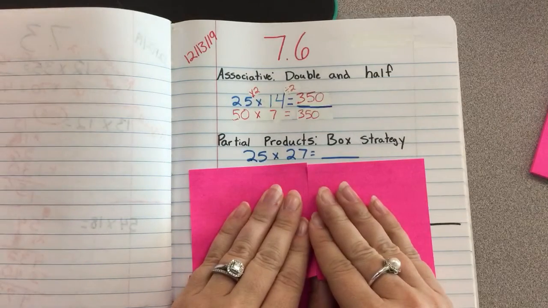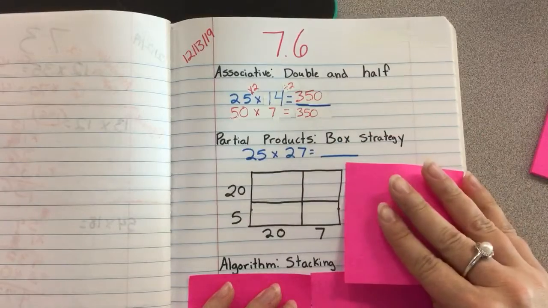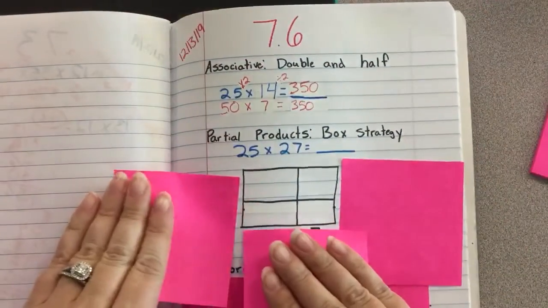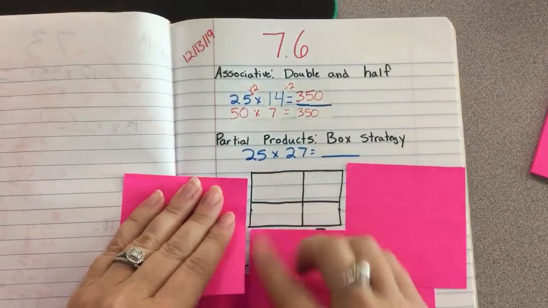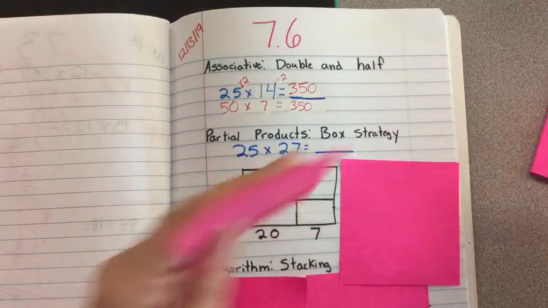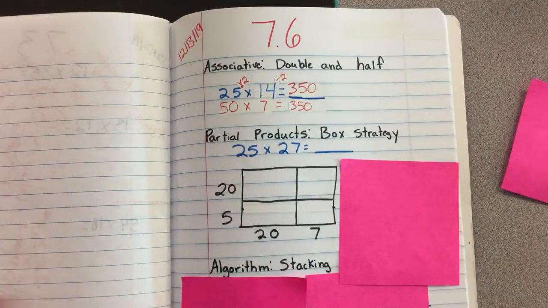You can do the partial products of the box strategy, which is this. Remember, first off, before you do that, you'd draw the box, and then you'd put the first number here, second number down here. Then you divide it up in between the tens and ones, or hundreds, tens, and ones, whatever number you are doing.